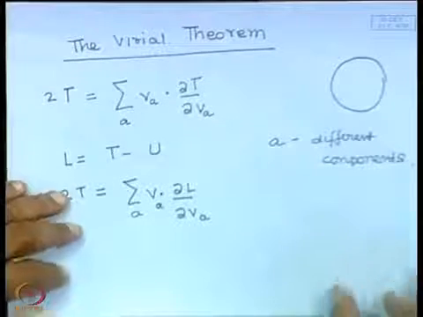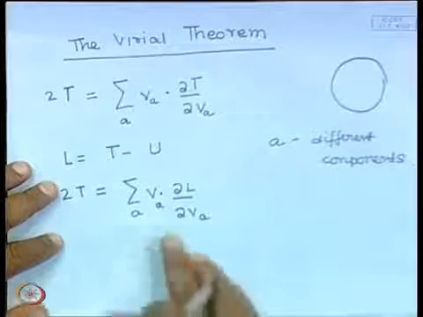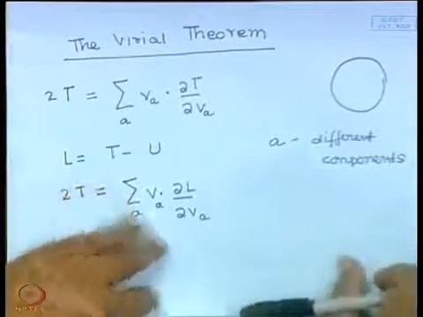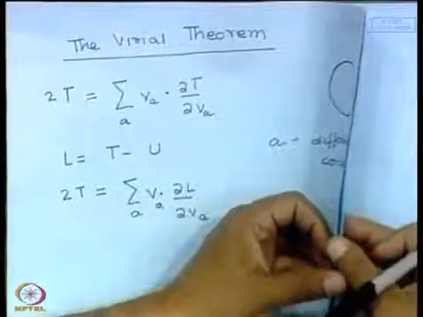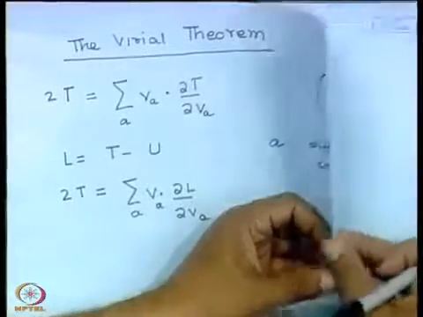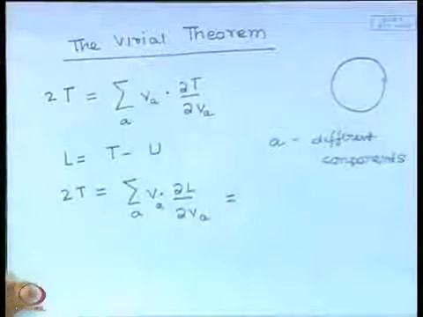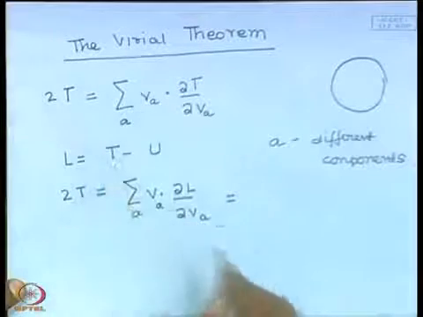Now, we also know that del L by del v is the momentum, that is the definition of the momentum conjugate to the coordinate, or we could have written it straight away.